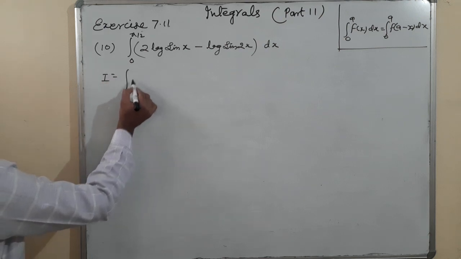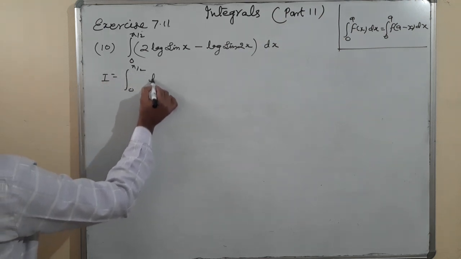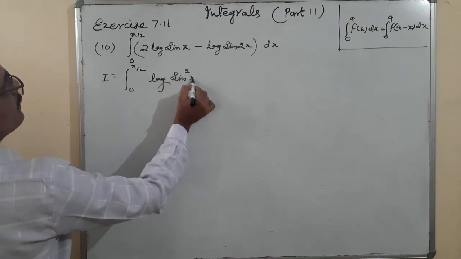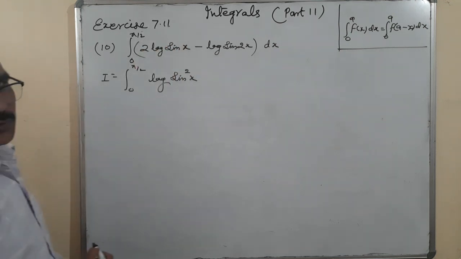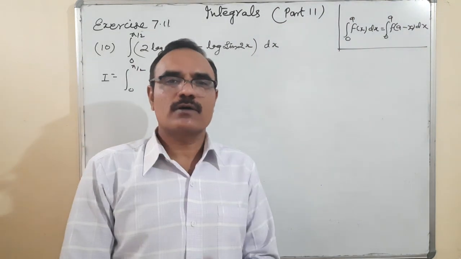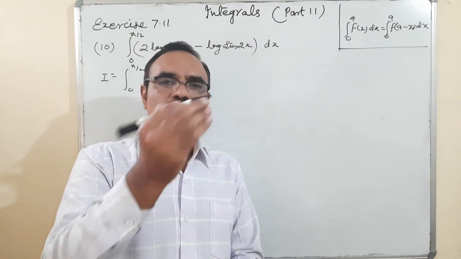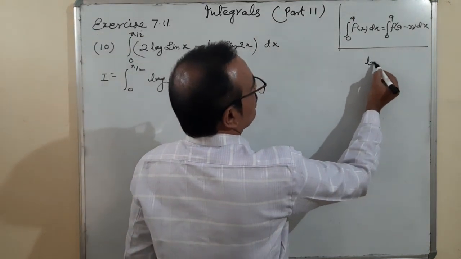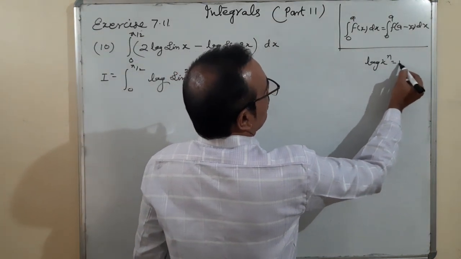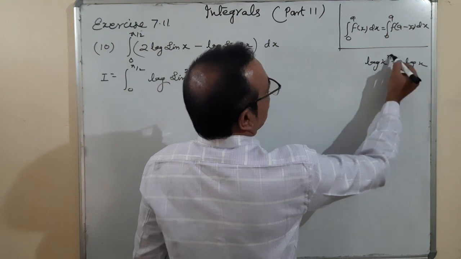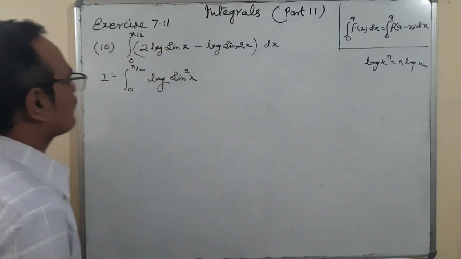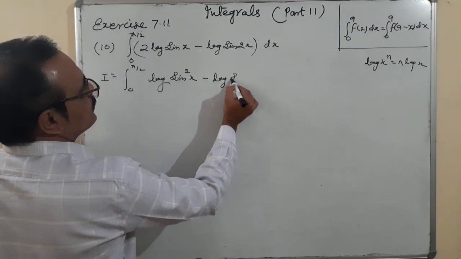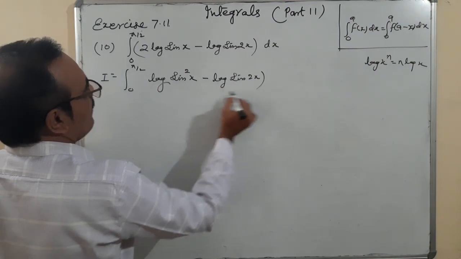I is equal to, may I write here log sin square x, 2 will be shifted here as per the rule of log x to the power n is equal to n log x. n will be shifted here, minus log sin 2x. Okay.